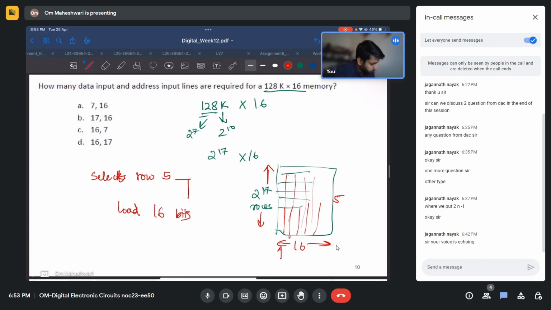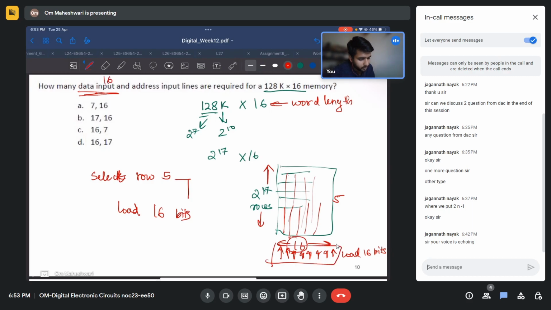From here you will load all 16 bits together. So 16 bits is the word length of this memory, so at a time you can load 16 bits. Now the question is, how many data inputs do you have? The number of data inputs is 16, so you can input 16 data at a time.